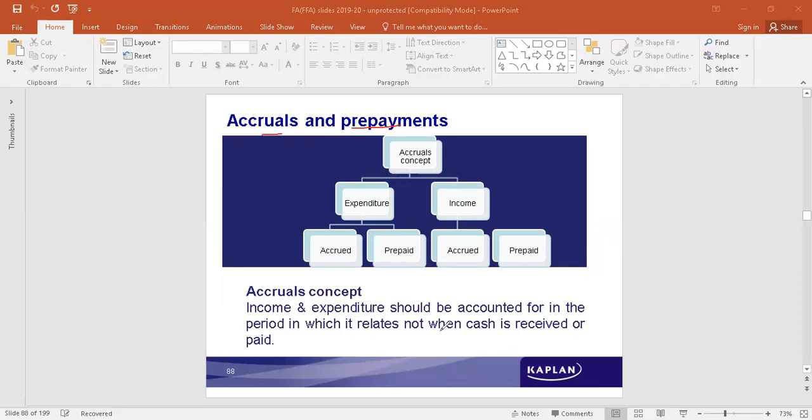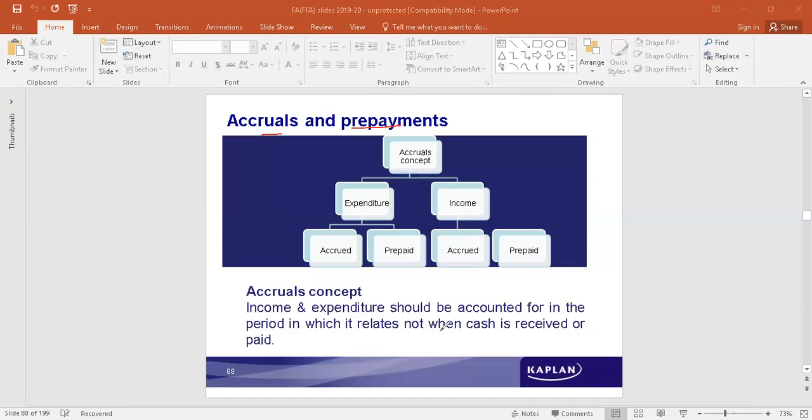but it would be treated as an item of asset if it is paid in advance. Paid in advance, the expenditure is already made, but the benefit is not yet realized. Let's say if there is an advance tax paid, so the next period, to that extent, tax amount need not be paid.